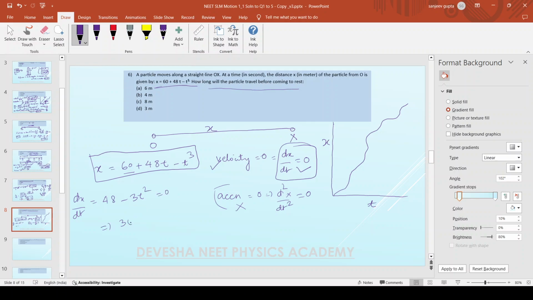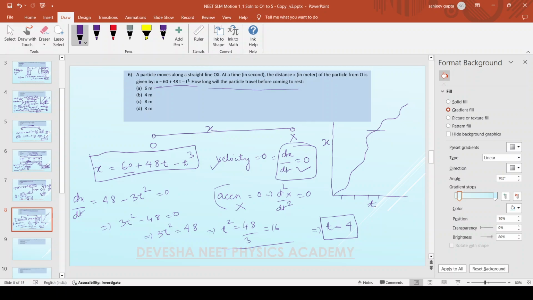It means 3t square minus 48 is equal to 0, so 3t square is equal to 48, and t square is equal to 48 by 3, which is 16. So t is equal to 4. At some point, after 1, 2, 3, 4 seconds, the velocity will become 0.